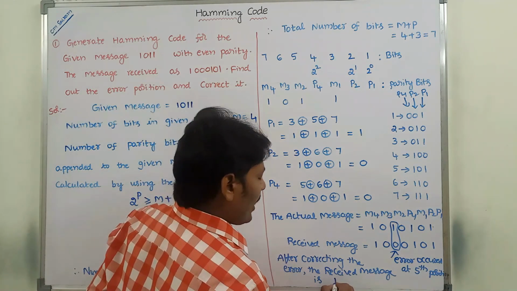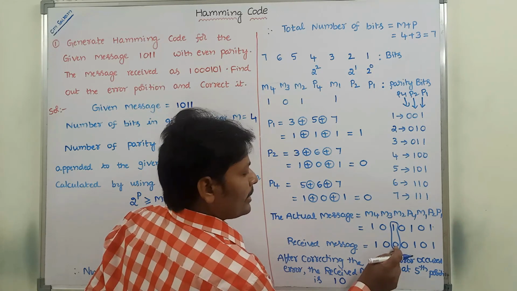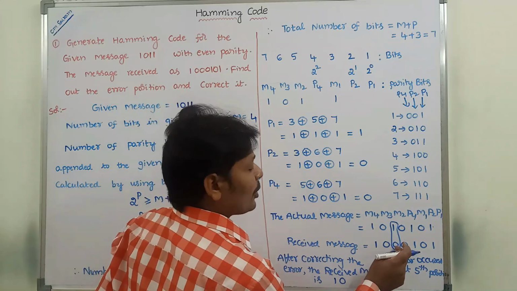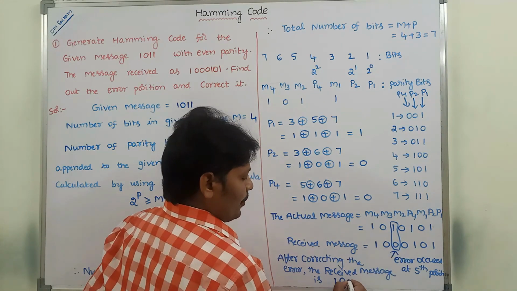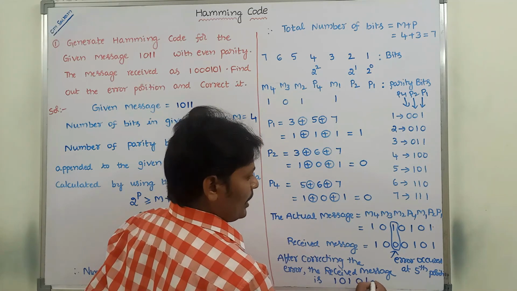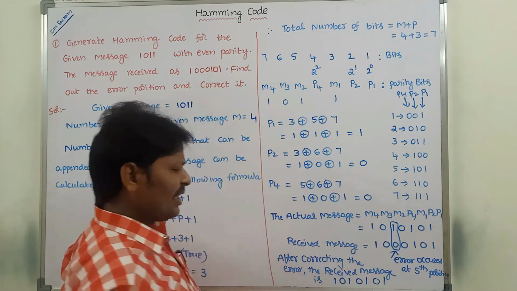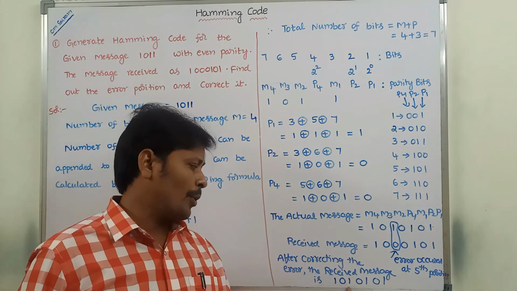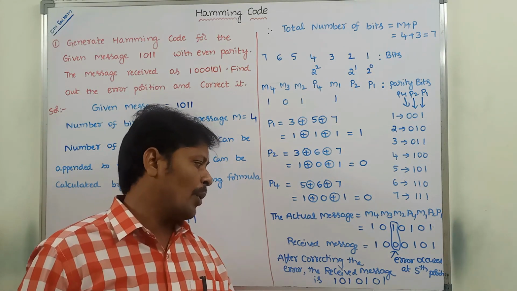So 1 0, here the bit at this position has the error, so we have to complement that bit. 0 is complemented to 1. Now 0 1 0 1. After correcting, what is the received message? 1 0 1 0 1 0 1.